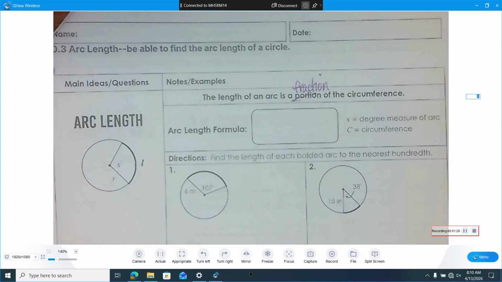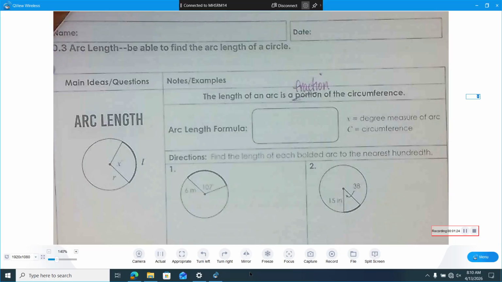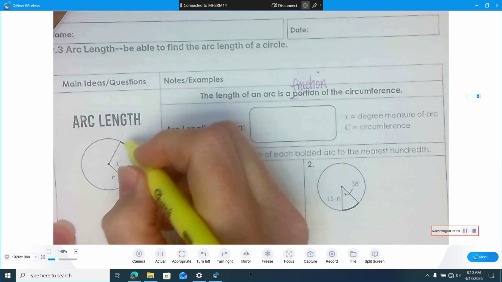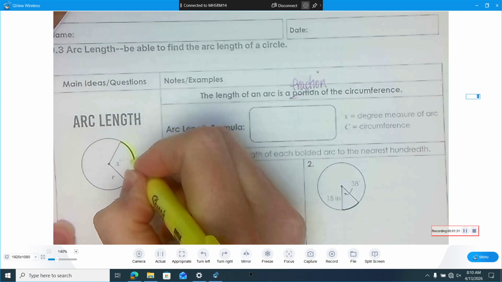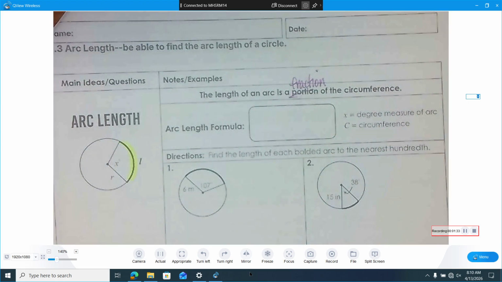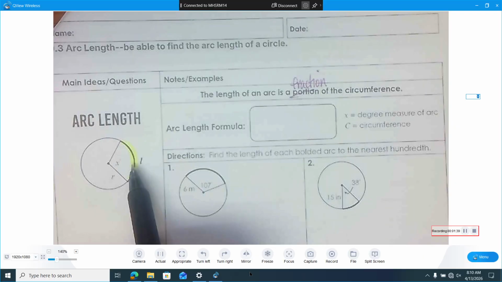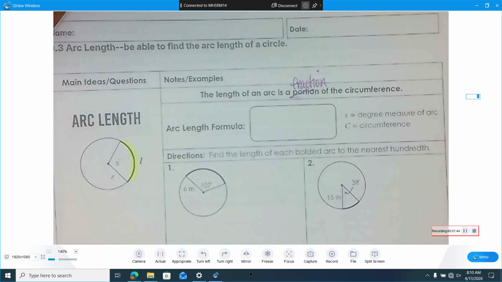So today we're talking about arc lengths, and we want to be able to find the arc length. Here you have a little picture of a circle. We have the arc length right here. It's a fraction, a portion of the circumference, okay? We just want this little bit. We don't want the whole circumference. We want this little portion of the circumference.